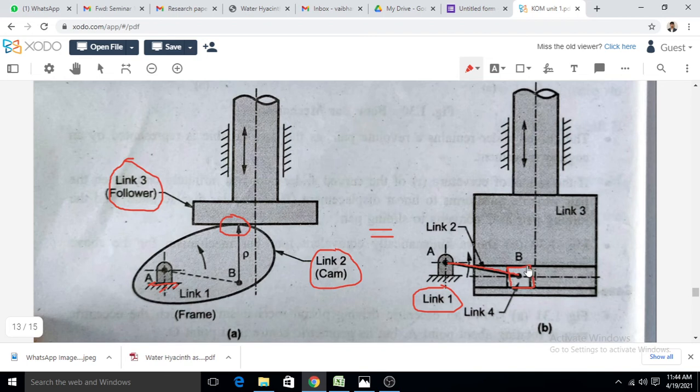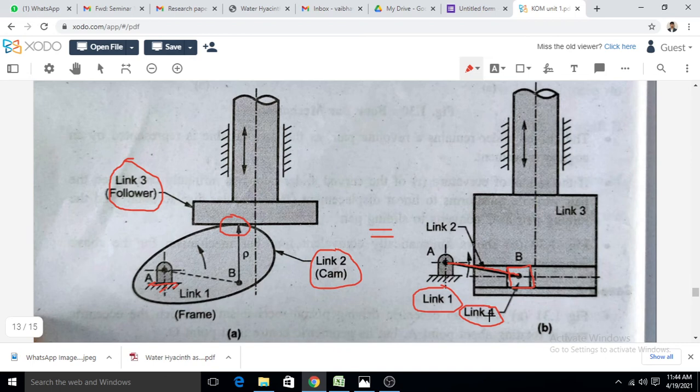So here this block B, that is link number 4, is an additional link. In this way this higher pair is converted into the two lower pair and one additional link, and it is the equivalent of the mechanism.